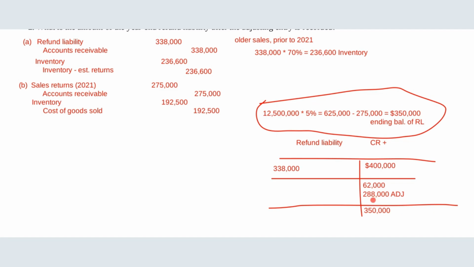So we need to increase it by 288. So in C, we're going to debit sales returns. Okay, so every time you're dealing with current year, you're going to be using sales returns. If you're dealing with the prior year, you're going to be debiting the refund liability. So we're increasing our refund liability by 288,000.